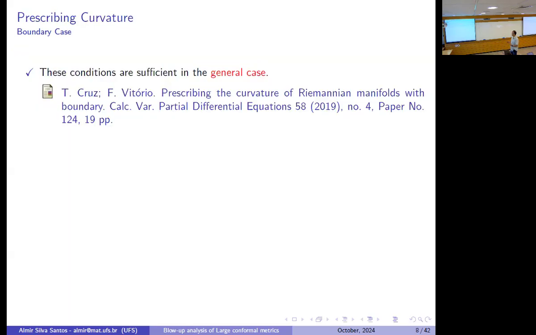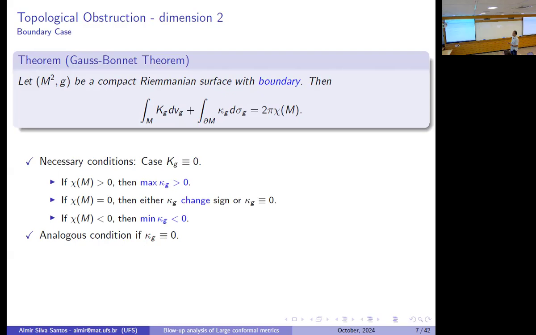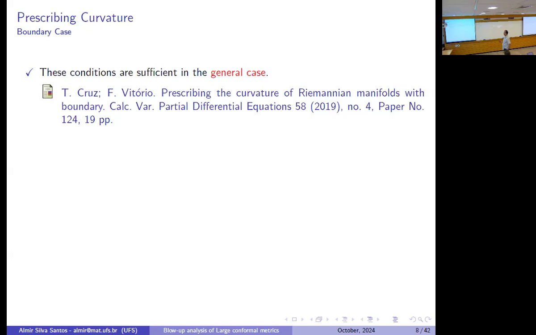This work proved that these conditions are sufficient in the general case. I mean, if you have a function satisfying one of these conditions, then this function is the Gaussian or the geodesic curvature of some metric. It doesn't matter which metric. This was proved by Tiarlos and Feliciano in this work in 19.